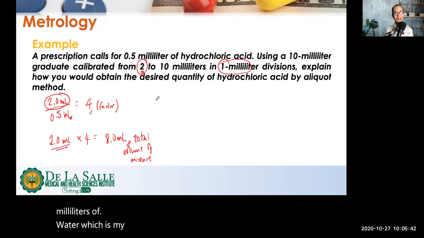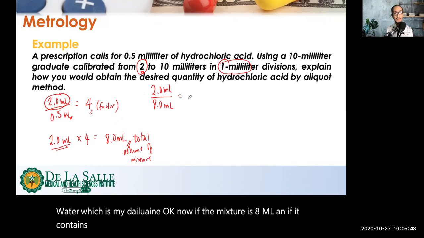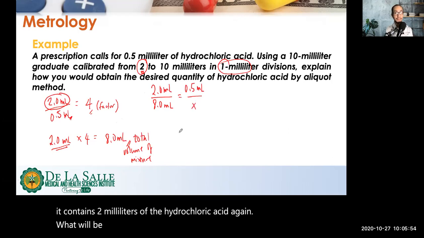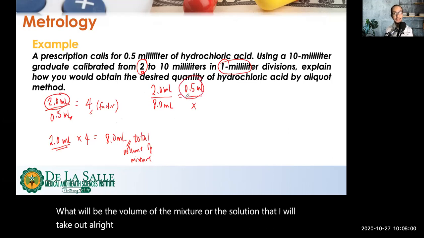Okay? Now, if the mixture is 8 milliliters and if it contains 2 milliliters of the hydrochloric acid, ayan, what will be the volume of the mixture or the solution that I will take out, okay, to give me a quantity that is equal to 0.5 milliliters. Ayan.